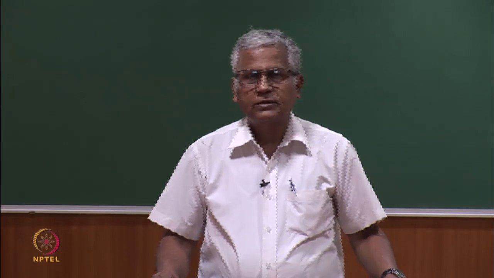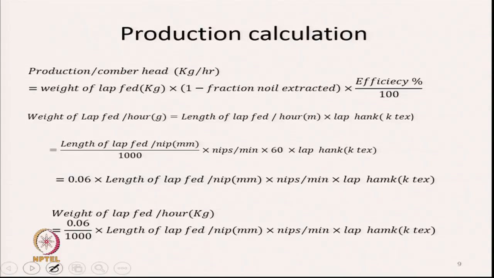So, if you do the production calculation, the formulas we have written here are very simple. First of all, production per combing head in kg per hour. We have to specify the unit of weight as kg, and we have to find out production for a given duration of time. So, that time let us say is an hour.